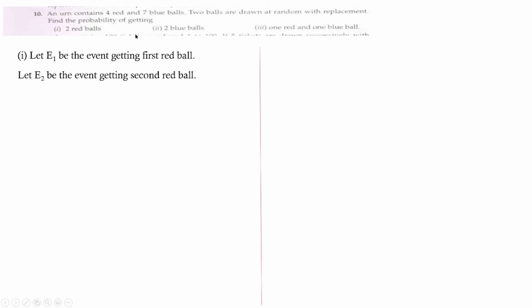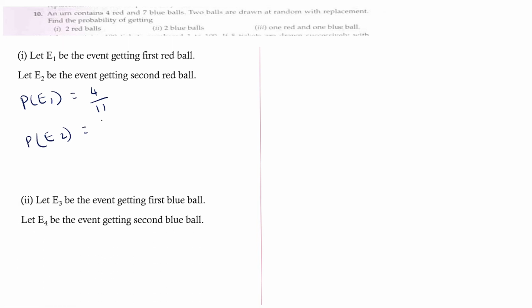So the probability of getting 2 red balls will be, first let us find the probability of E1 and E2 separately. Probability of E1, which is getting a red ball first, is 4 by 11. Since this is done with replacement, probability of E2 will also be equal to 4 by 11.